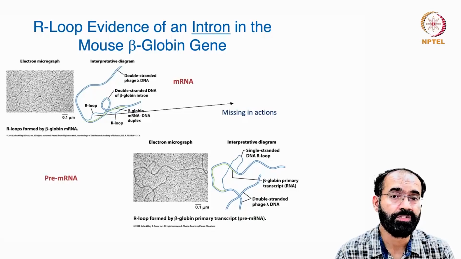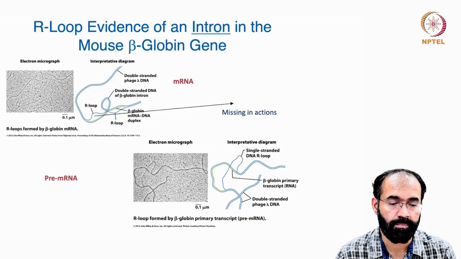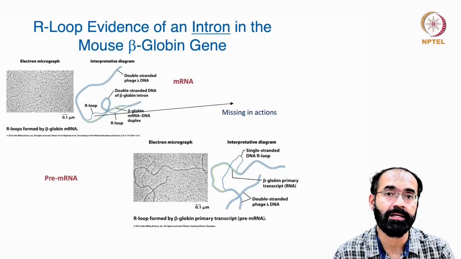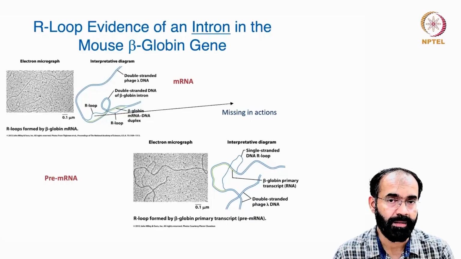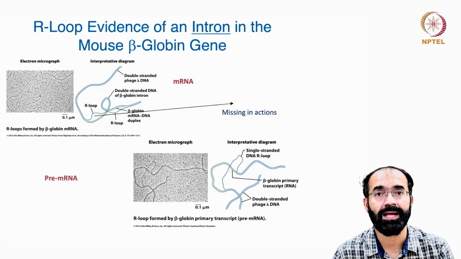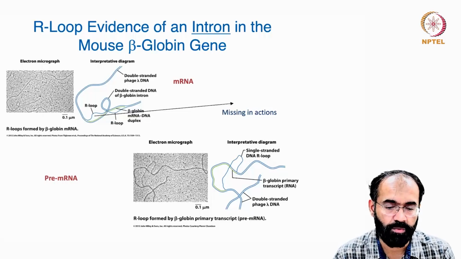If you are using pre-mRNA as the probe, which contains the intron, you will have an identical size of the loop. Whenever transcription happens, it is to the pre-mRNA, and pre-mRNA has introns and exons intact. So the hybridization will be equivalent.